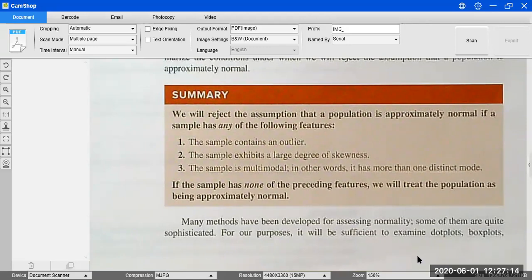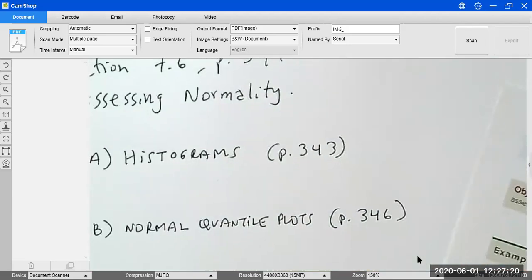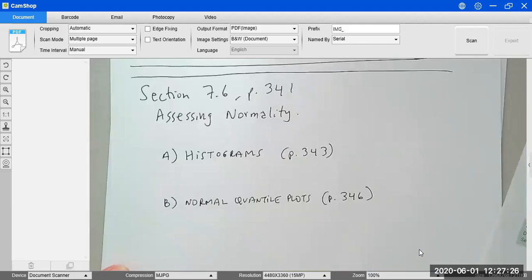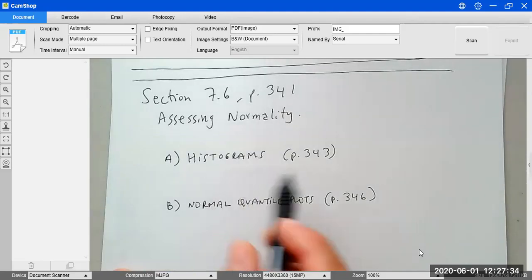There are many ways to assess normality. This book shows you a lot of them, dot plots, box plots, and many others. We're going to use just two ways to know whether we can use the normal distribution or not. One is histograms, which are on page 343.